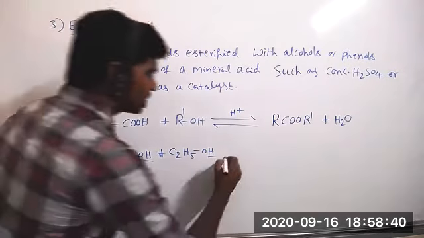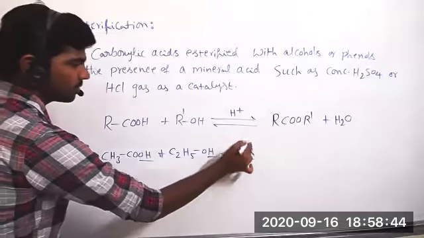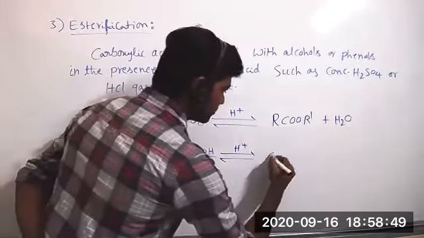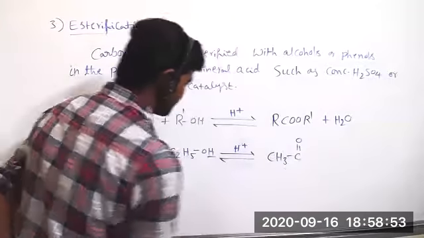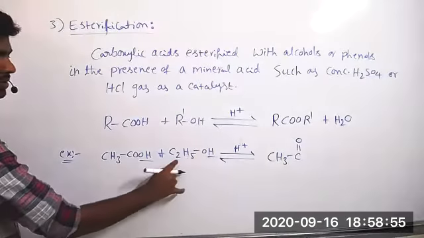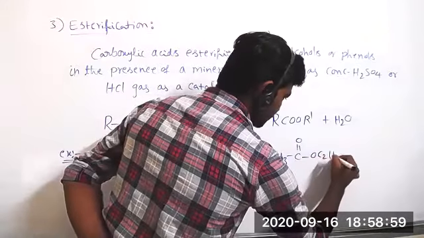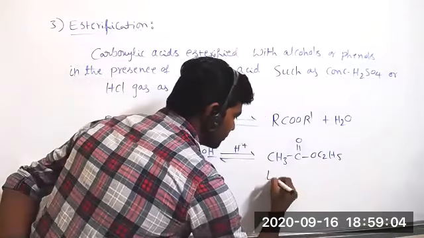And what is left is CH3 C double bond O and here O C2H5 is remaining. So the name is ethyl ethanoate.